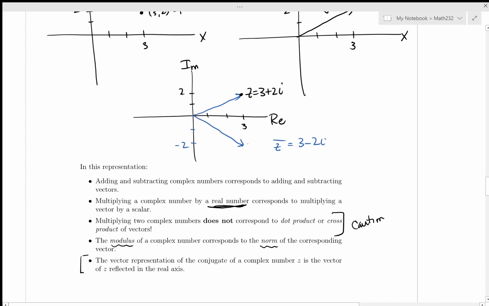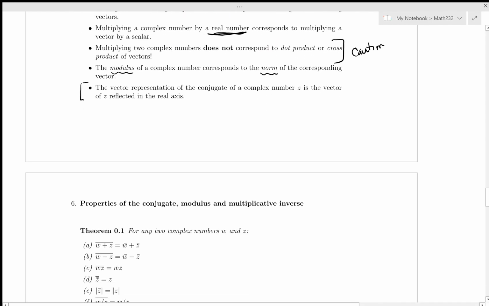So this is z bar, 3 minus 2i, and you can see that, to the best of my drawing abilities, I am reflecting the vector across the real axis, or the x-axis.